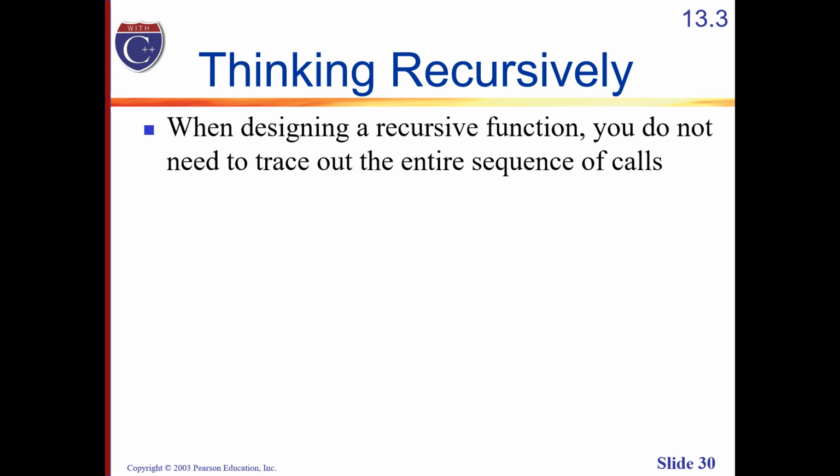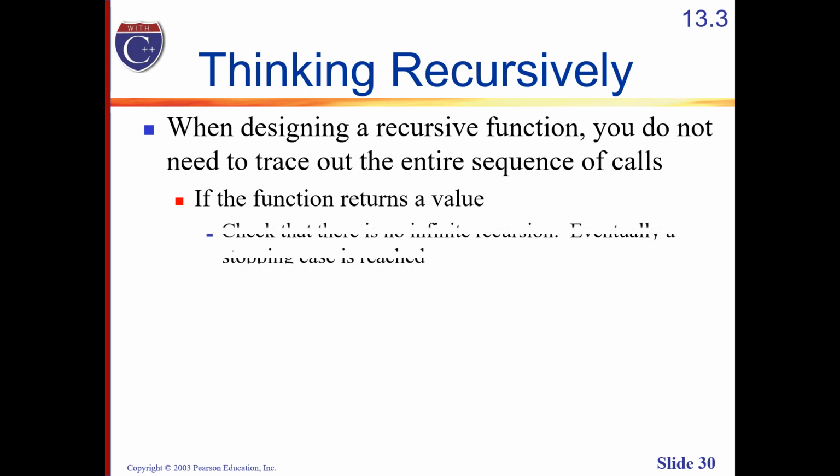We will now proceed to the last part of this chapter, which is thinking recursively. At this point, we must remember that when we are designing a recursive function, we don't have to trace the entire sequence of calls. Thus, we just have to know if the function returns a value.